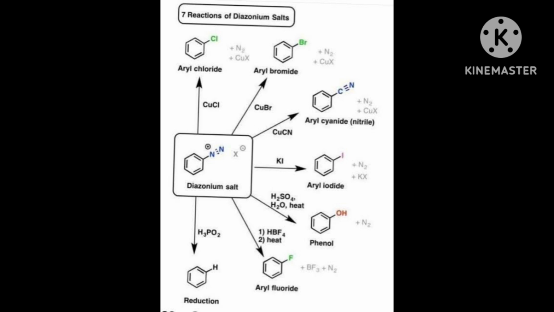That bond will break. Okay. Then H will come as H plus and oxygen will become negative. Correct? Then it can make a double bond. Now after breaking this OH bond, O has negative charge. Now it will make a double bond with carbon.